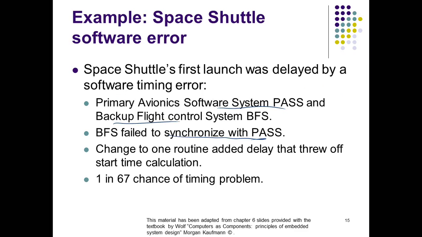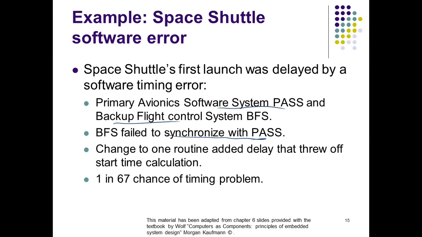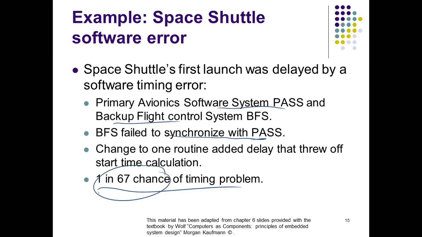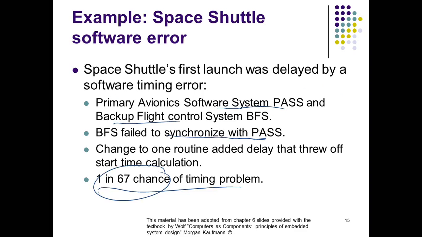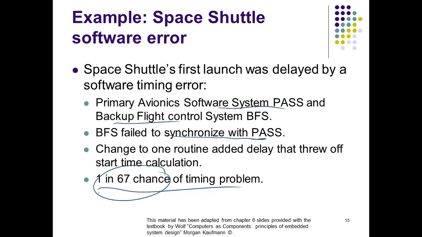Didn't check it carefully, it missed the timing. There was low odds of this problem actually occurring. Well, actually, I would say that's pretty high odds, but it might not have occurred in their few random tests beforehand, and it caused an expensive launch delay. And I'm sure there are a lot of worse examples out there if you look around.